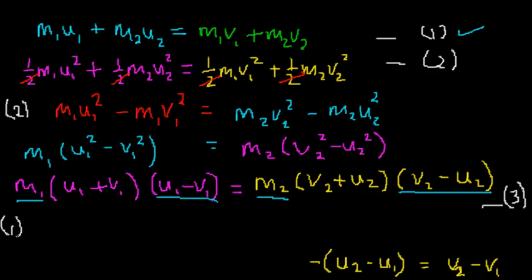I will rearrange this to move all the m1 terms to the right, and all the terms of m2 to the left. So I'll keep the m1 u1 on one side. Now I bring the m1 v1 to the left, so this is minus m1 v1.